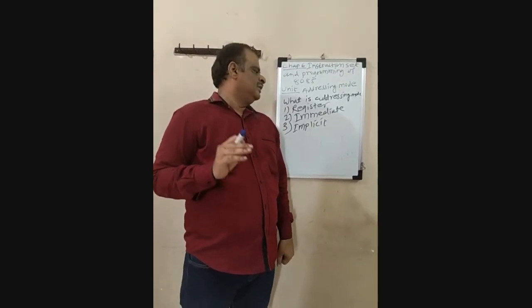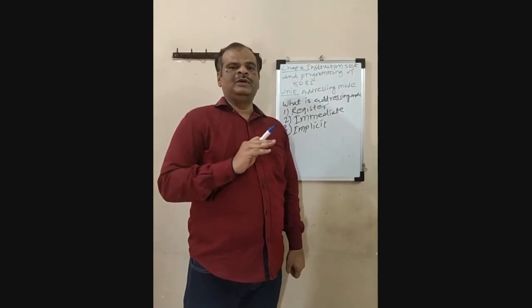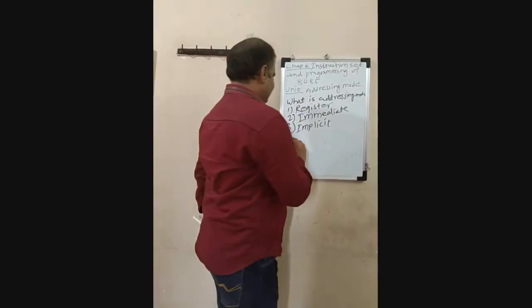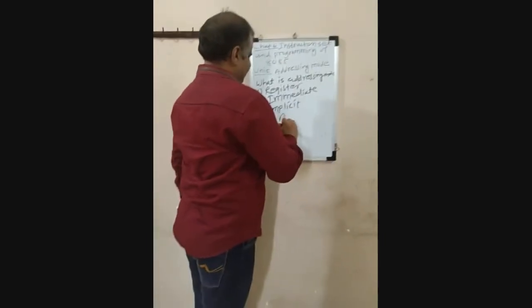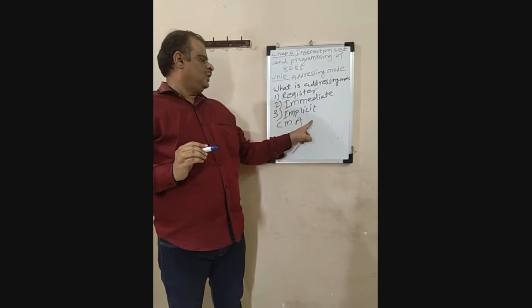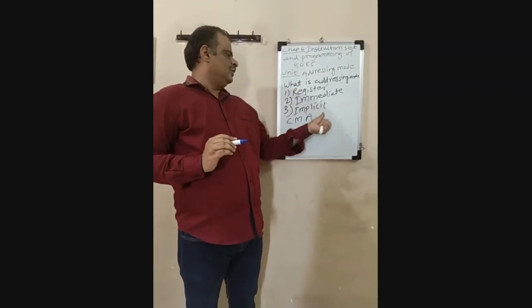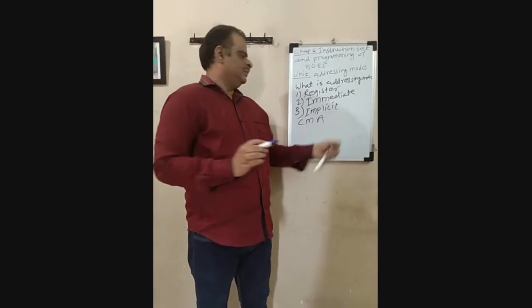That means only the opcode is specified. As an example, CMA: only the opcode is used, the operand is absent. So it is known as implicit addressing mode.